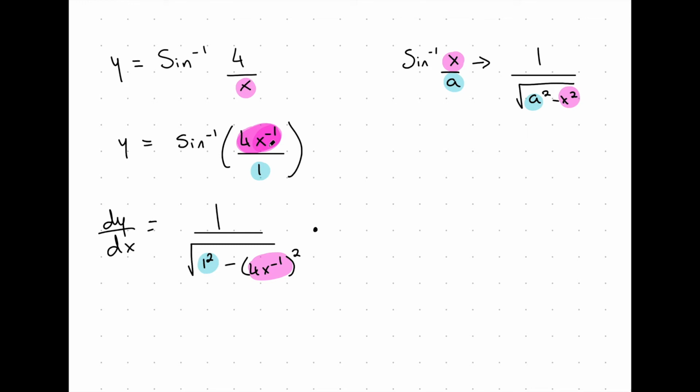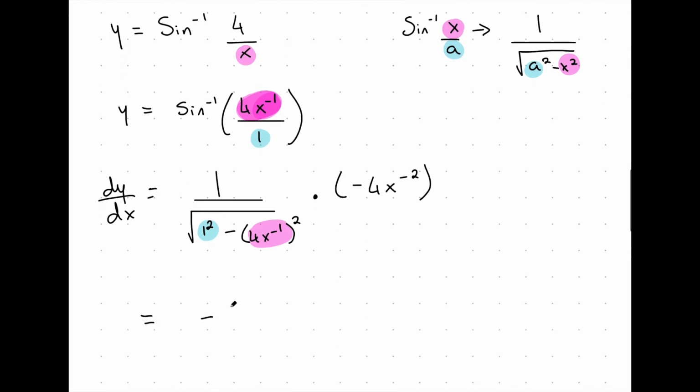And if I'm going to differentiate 4x to the minus 1, what will that give me? It'll give me minus 4x to the minus 2. So be careful there. Don't forget that the chain rule has to be put with any of those differentials out of the log tables on page 25.